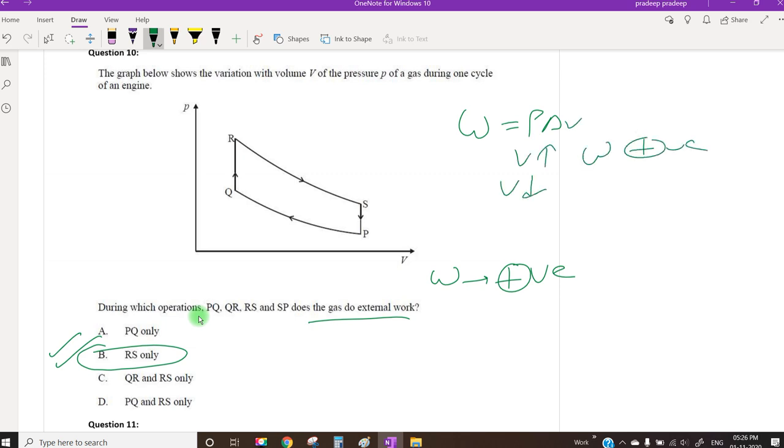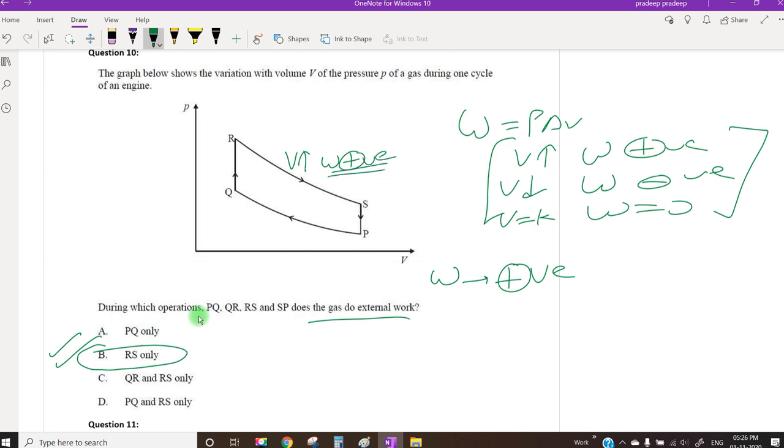Whenever volume decreases, work done is negative. And whenever volume is constant, work done is equal to 0. So Sheldon, now can you see RS is the only process where the volume is increasing, and hence the work done will be positive, which means the gas is doing external work. So this is RS, which is option B, the right answer.